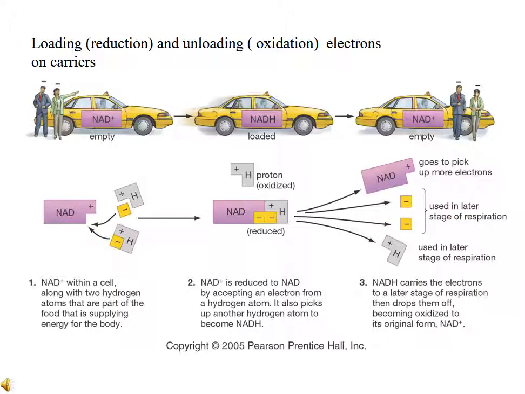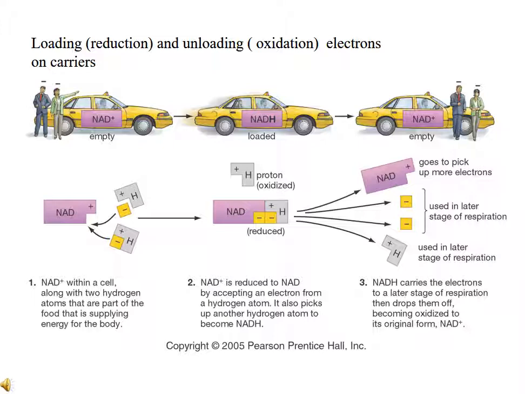This is an interesting schematic look as to how electron carriers work. Pretend you're a taxi cab driver, and the taxi cab is basically an NAD molecule. It is empty. 2 electrons come in, and suddenly it becomes loaded and it becomes NADH.